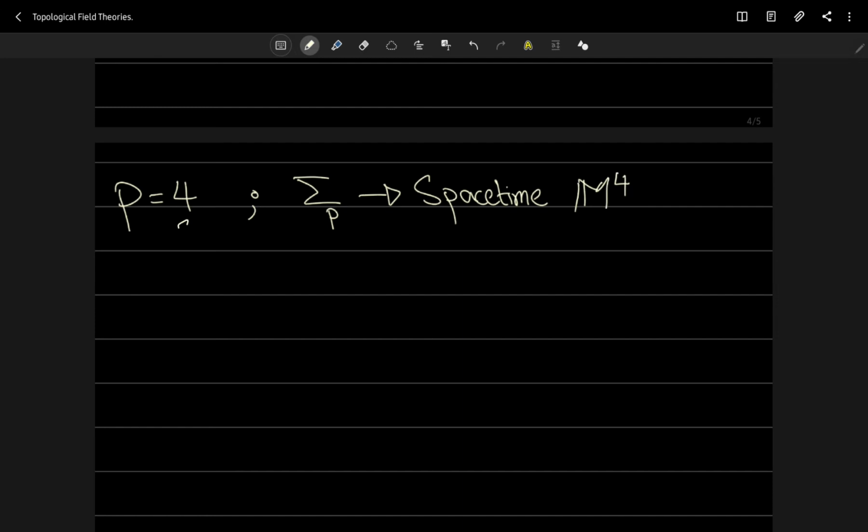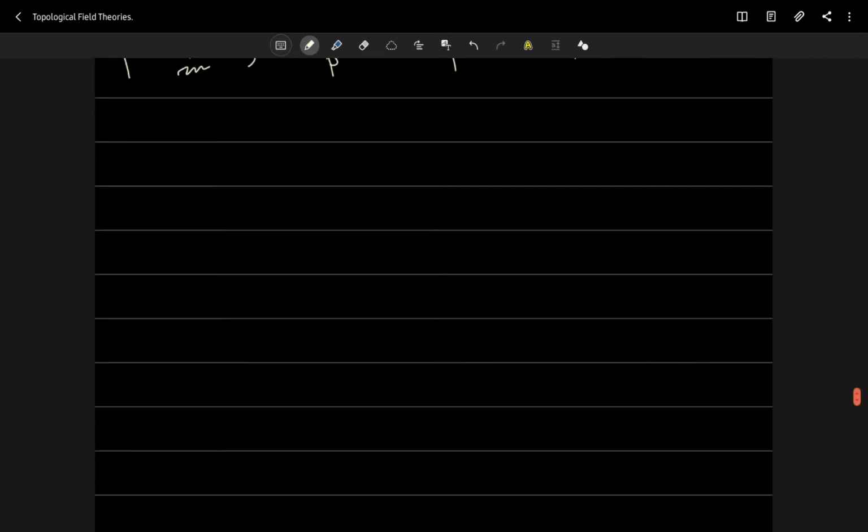Now I have chosen P equal to 4 because we are talking about a 4-dimensional space-time, right? Well, then I can write a new term for the action. So in total, my action is the electromagnetic action plus this integral of some 4 form, right?